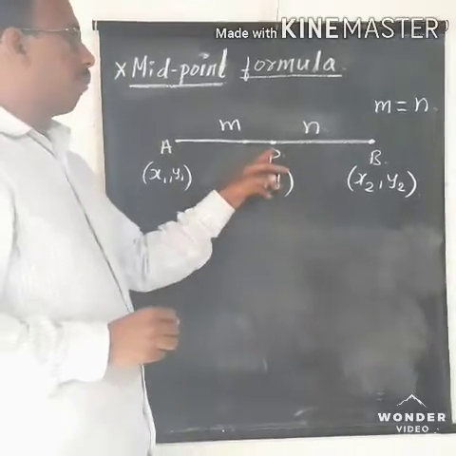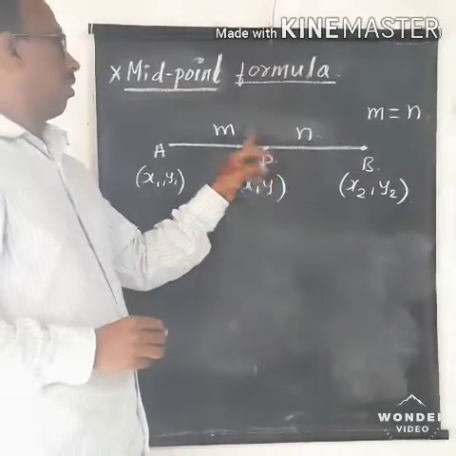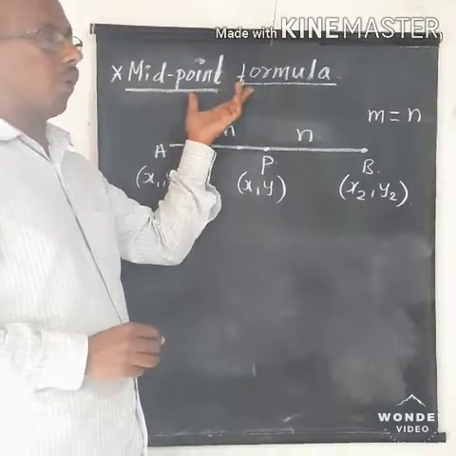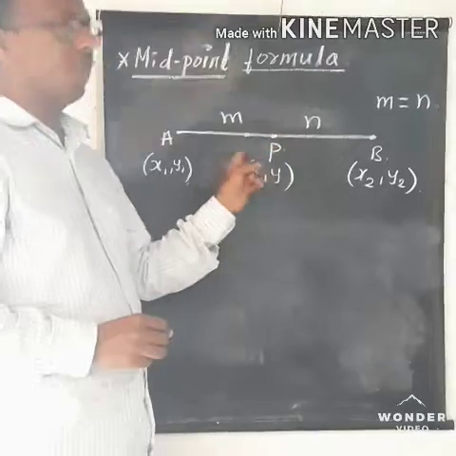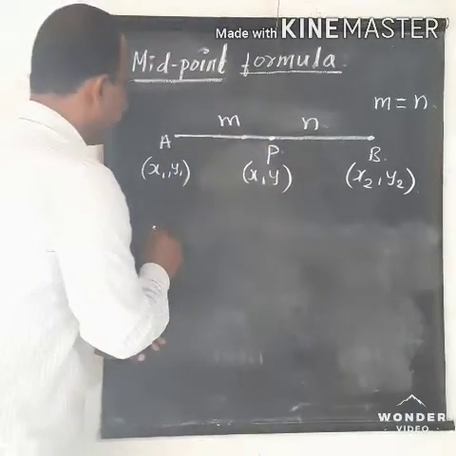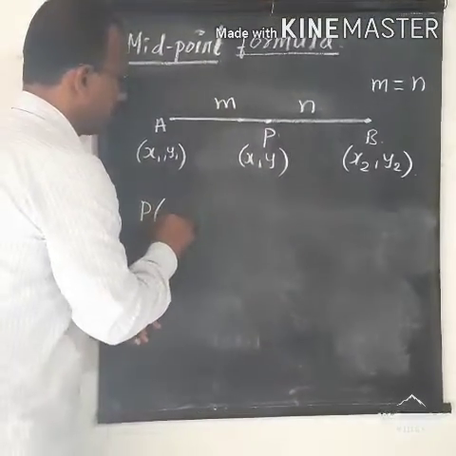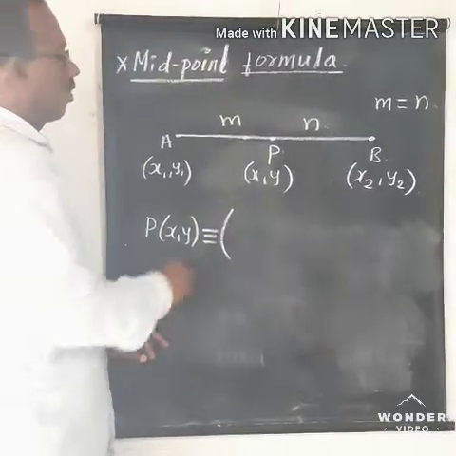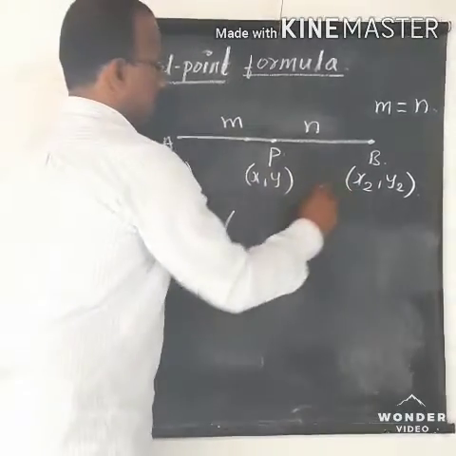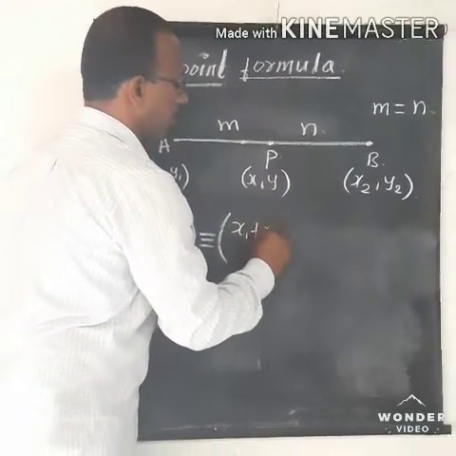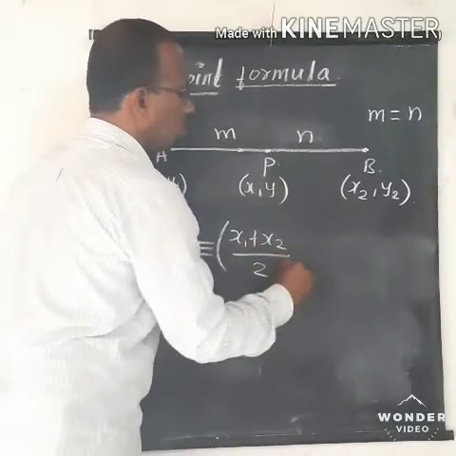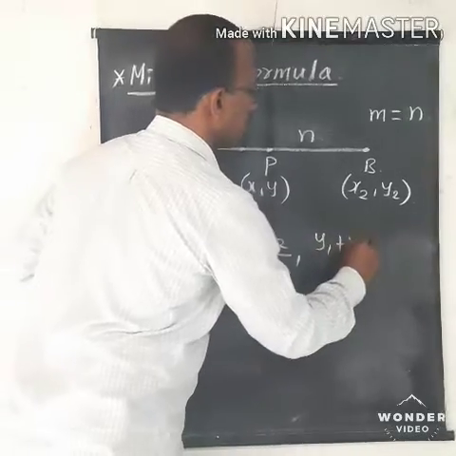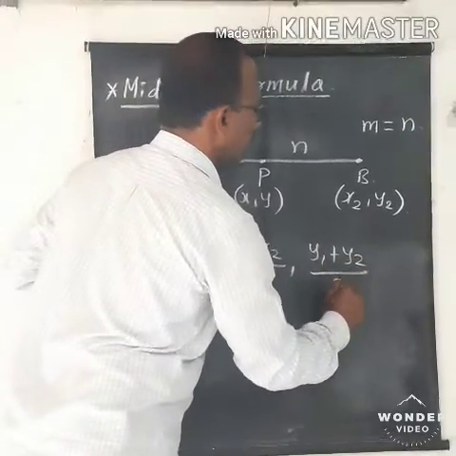In this case, when P is the midpoint of segment AB or any segment, we use the midpoint formula to find the coordinates of that midpoint. Now how do we write that formula? P(x, y) is equivalent to (x1 plus x2) upon 2 and (y1 plus y2) upon 2.